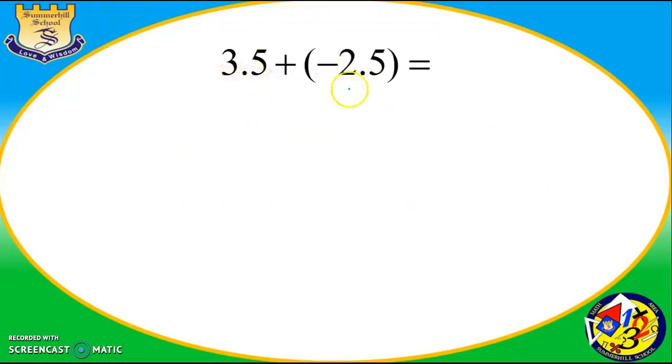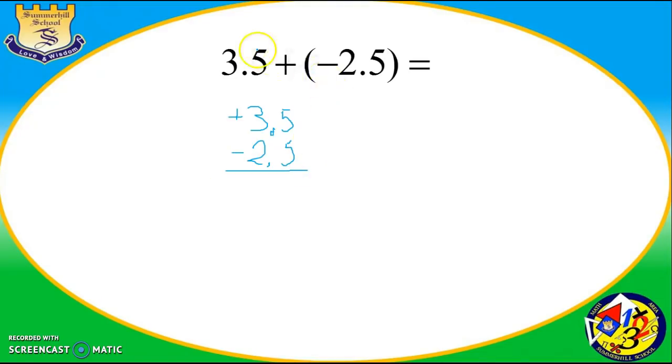Now we start with adding and subtracting rationals. First we are gonna check with decimals. So we have the next different sign. Don't forget the rules. Different sign, you have to subtract. So 3.5 positive, yes, minus 2.5. Different sign, you know that you have to subtract.